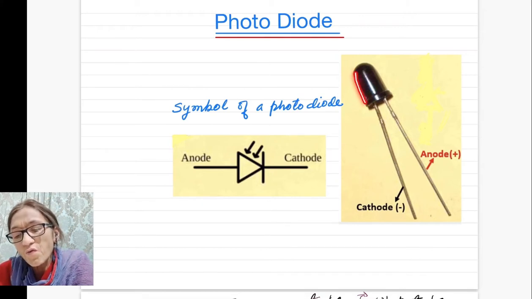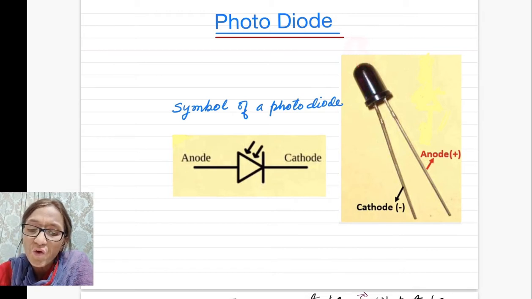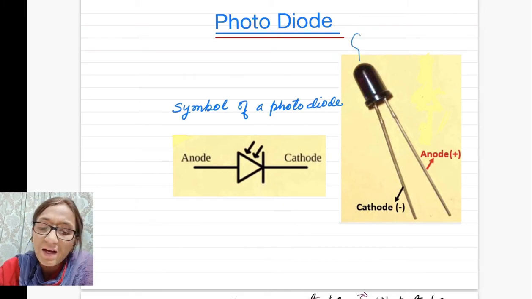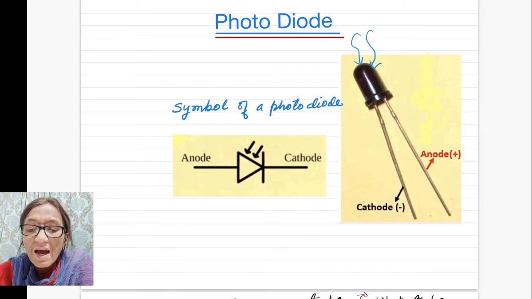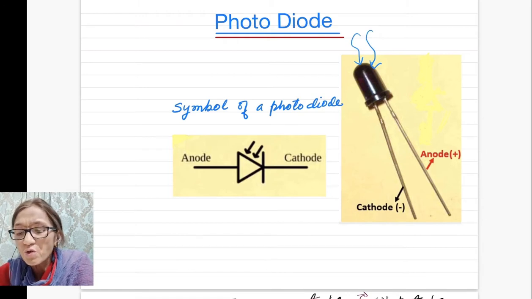This photodiode is encapsulated in a transparent plastic cover so that light can fall on it and affect the current in the circuit. So this is your photodiode.